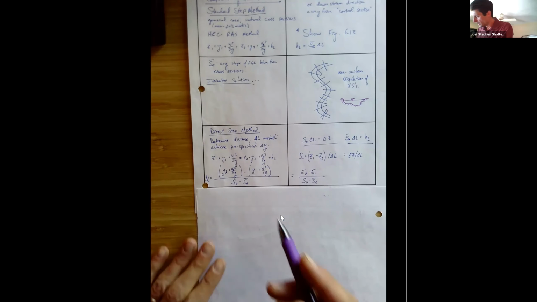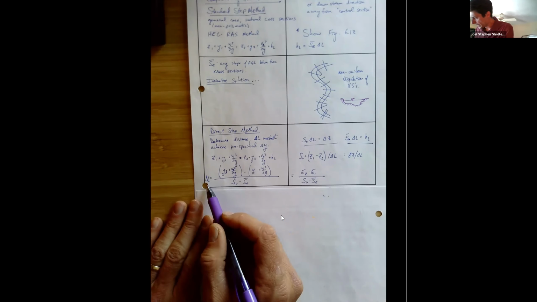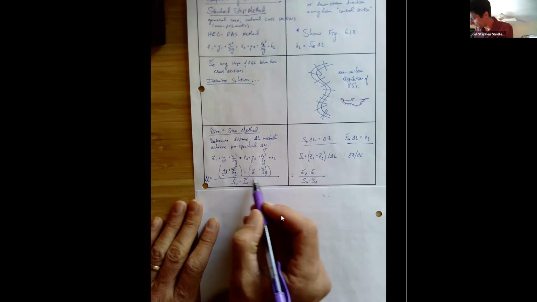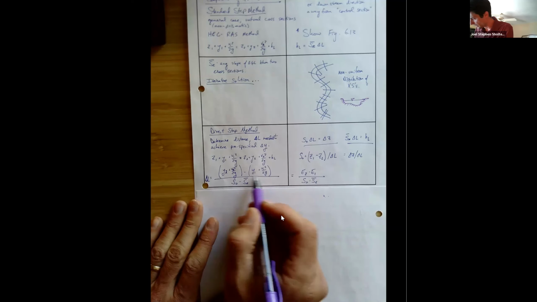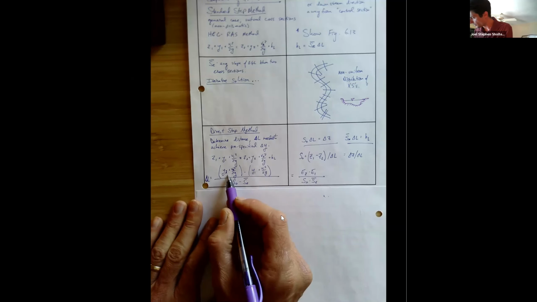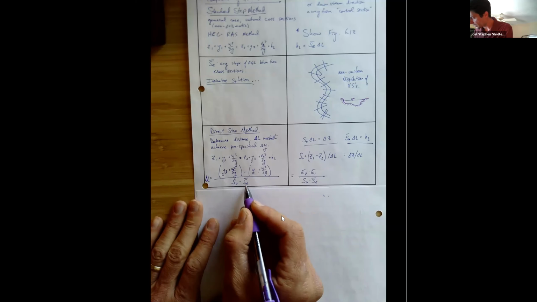The direct step method is not an iterative solution. The way it works is you can solve that equation that we derived earlier for delta L. So delta L or delta X is equal to a difference of the specific energy terms: specific energy at point 2, specific energy at point 1, divided by the difference between the energy slope, or friction slope, and the bed slope.